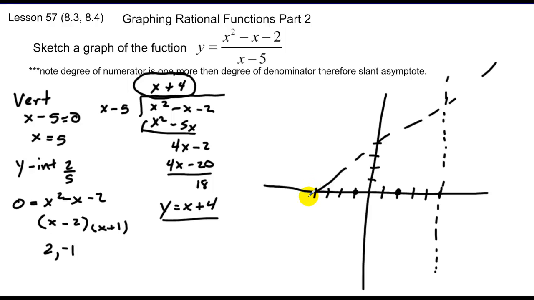Now, based on some of our conversations already, I know that I have to approach these asymptotes. And also, the slant asymptote only describes end behavior, what the line's doing as x goes to infinity and negative infinity. So I know it's got to go through these points here, like so.